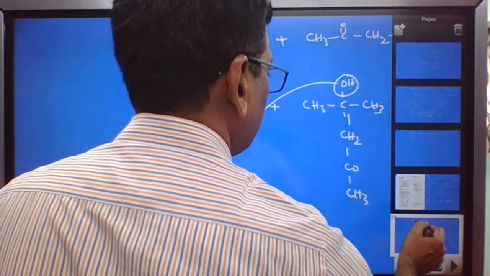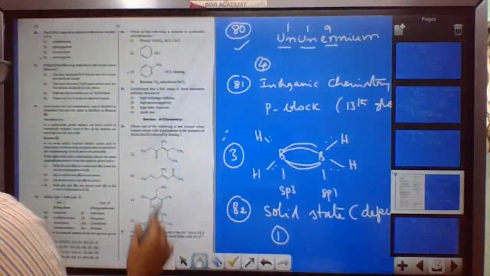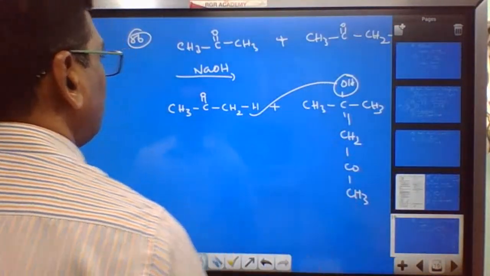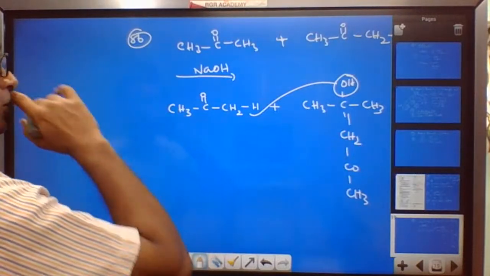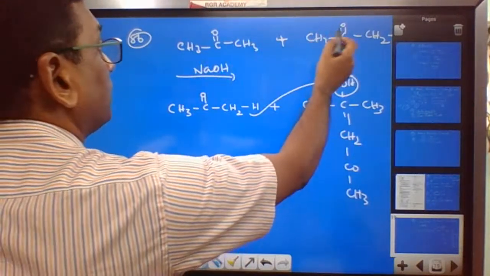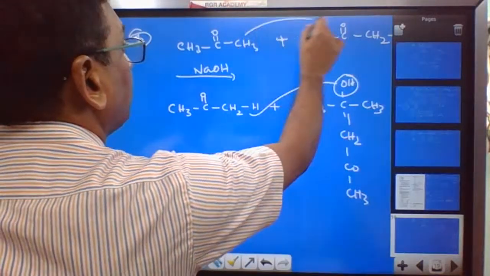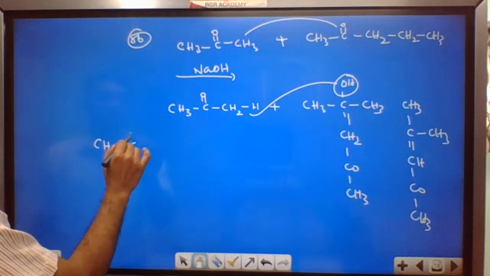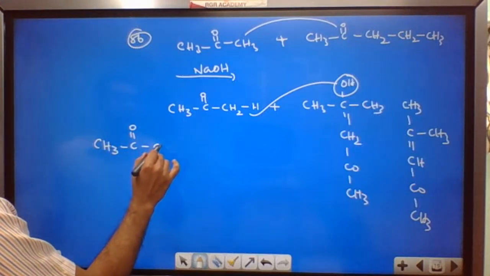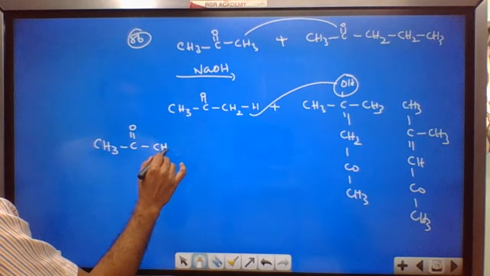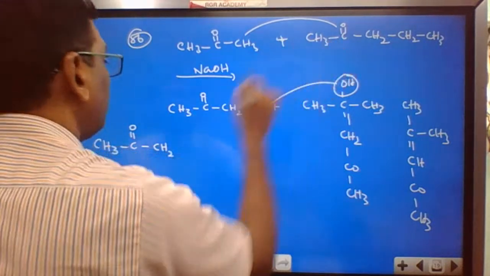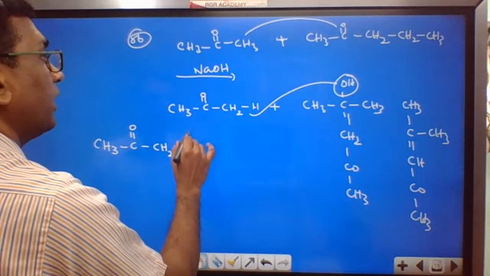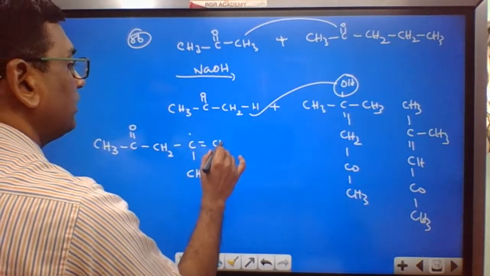Then another possibility, we'll see that. Suppose this hydrogen is shifted to here, then what will you get? CH3, C double bond O. This is attached to this CH2, and this is attached to this carbon. This CH3 will go down, and here we'll get a double bond.